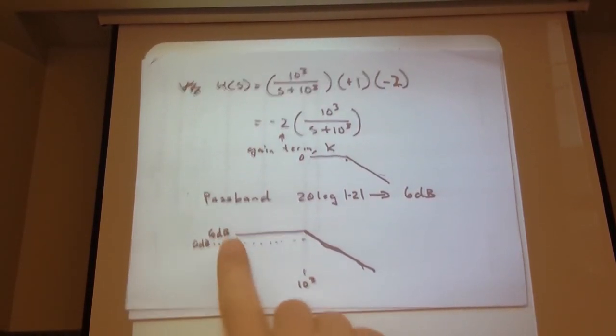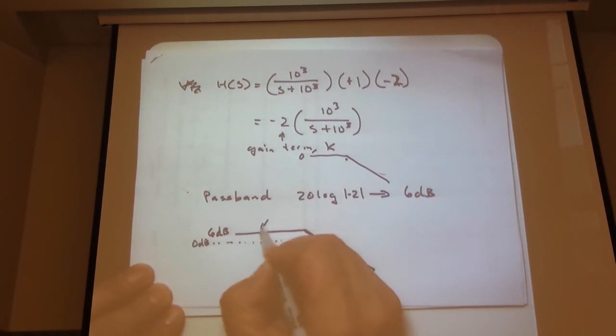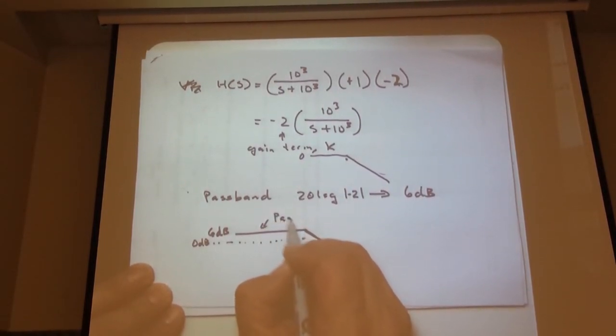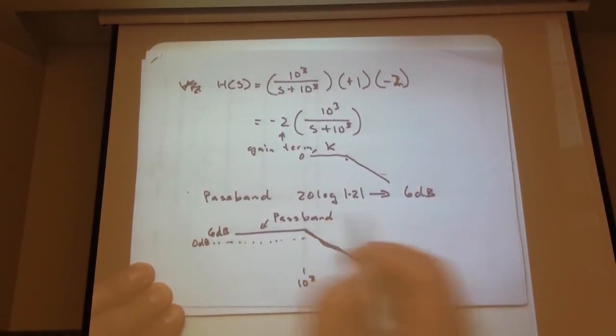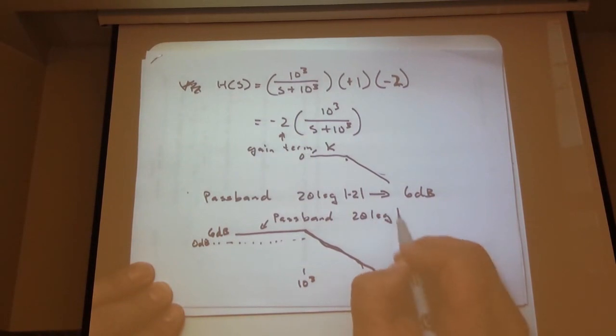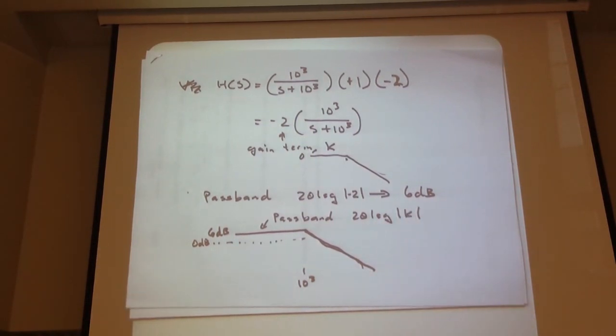So the passband, just a second, passband, I think you owe me a couple minutes anyway, always has 20 log of K. And the phase depends on the sign, of course, inverting, not inverting.